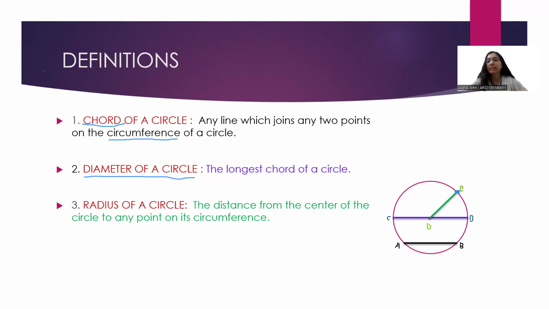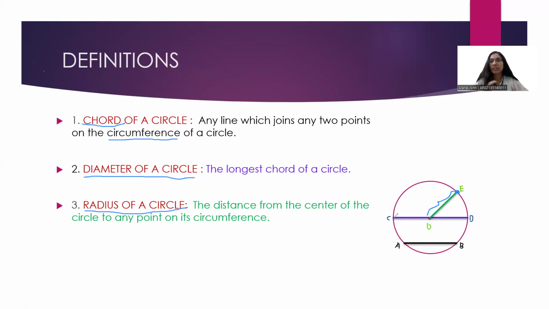And this distance is called the radius of a circle. So what is meant by the radius of a circle? The distance from the center of the circle to any point on its circumference. So here OE is a radius, OD is also a radius, OC is a radius.